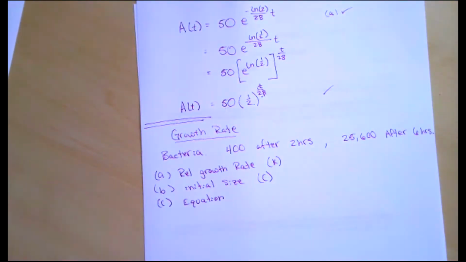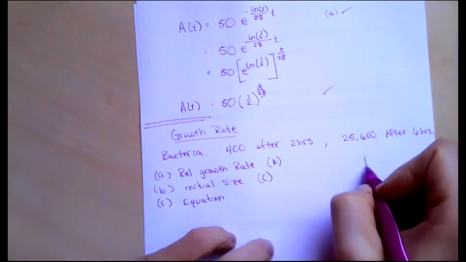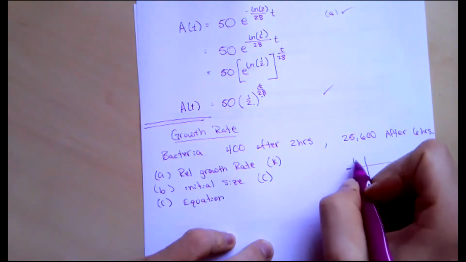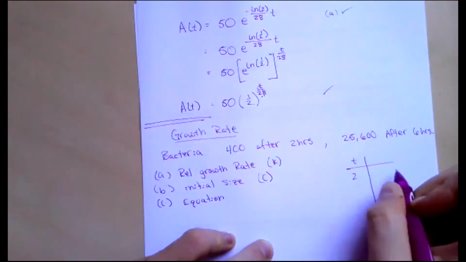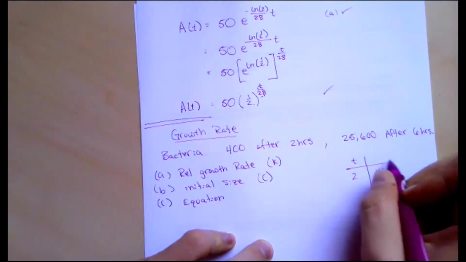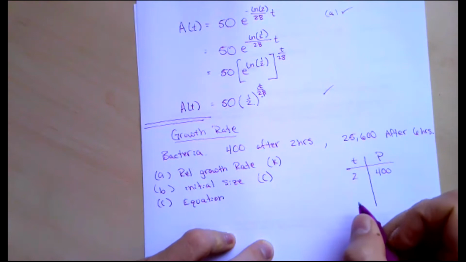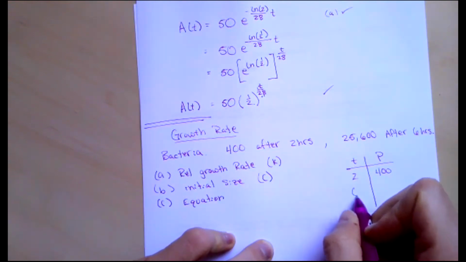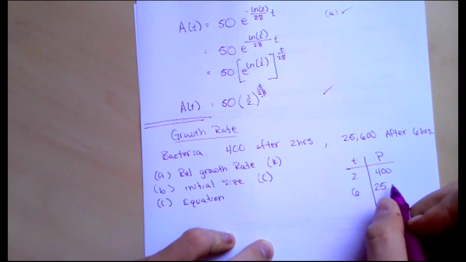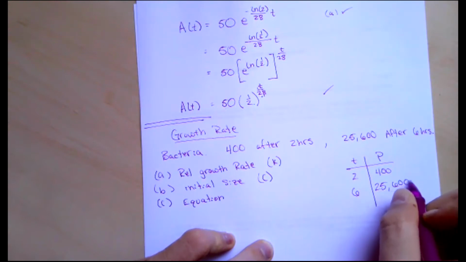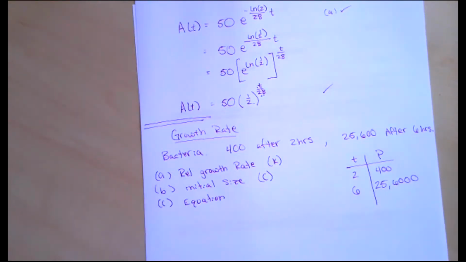So this is one of the ones where we are given data points. You can put them in a table if you want. So we've got T, and at 2 hours I have 400. Let's use P for our dependent variable. After 6 hours, we've got 25,600.